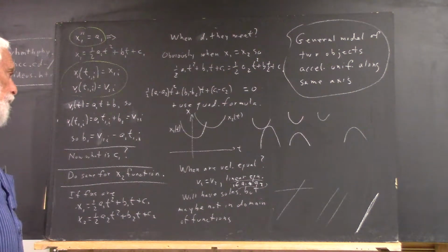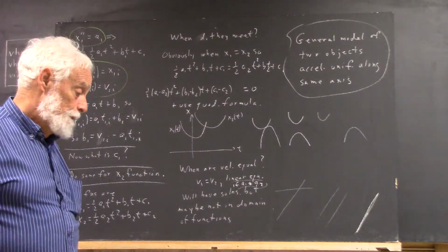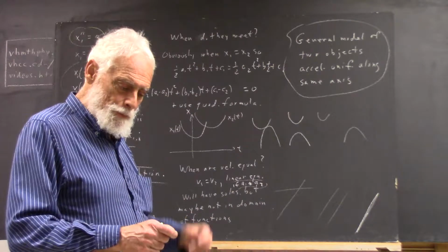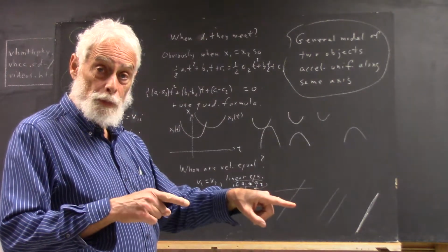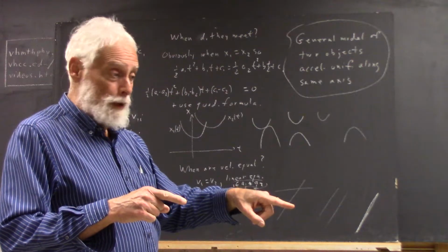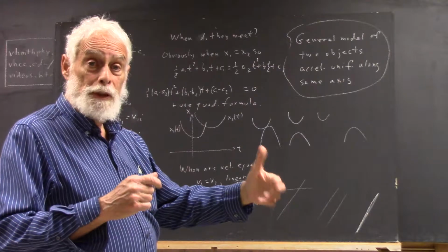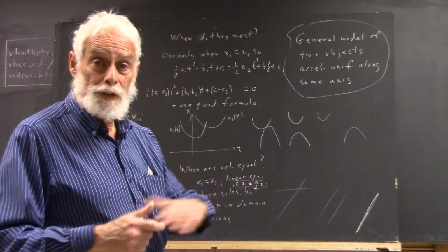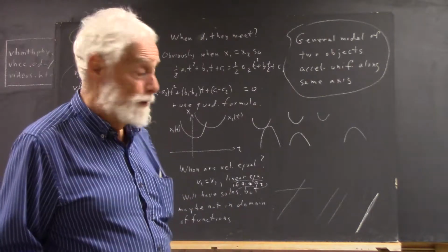Another thing you got to be careful of when you do this is domains. Okay, if you start this one at this point, and this one at this point, and they're both moving in this direction, then if you start them at the same instant, then the domain begins at that instant. The domain is a set of t values that you can put into this and get a meaningful result.